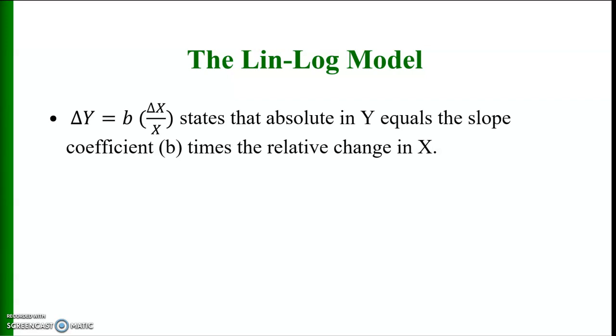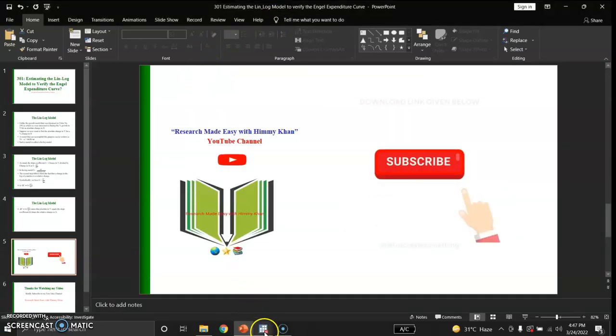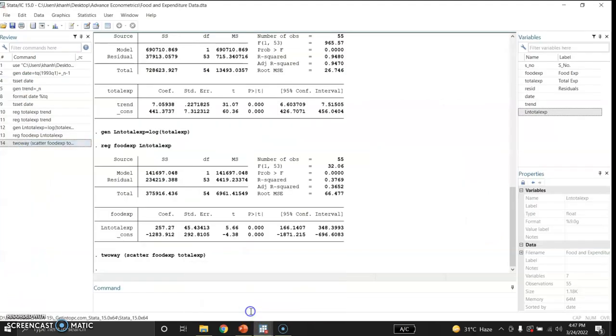Engel postulated that total expenditure that is devoted to food tends to increase in arithmetic progression as total expenditure increases in geometric progression. In order to prove this, I will use some hypothetical example in my Stata, and I have already opened my file.